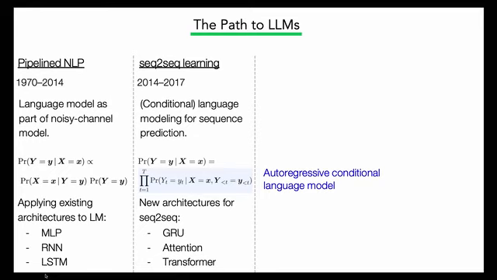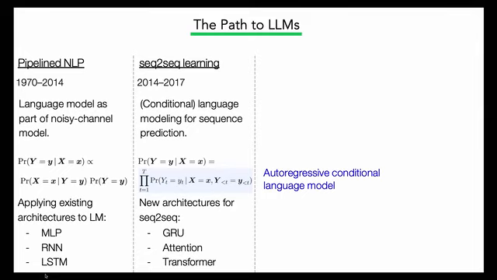What would happen if we just pose that as a next word prediction problem of the same kind, where maybe these two words are two words in French, this is the first word of the English sentence that you've generated, and you're trying to guess the next word of the English sentence as well. And so starting around 2014, people started to take this basic language model machinery that we'd built up and use it to do sequence generation instead.